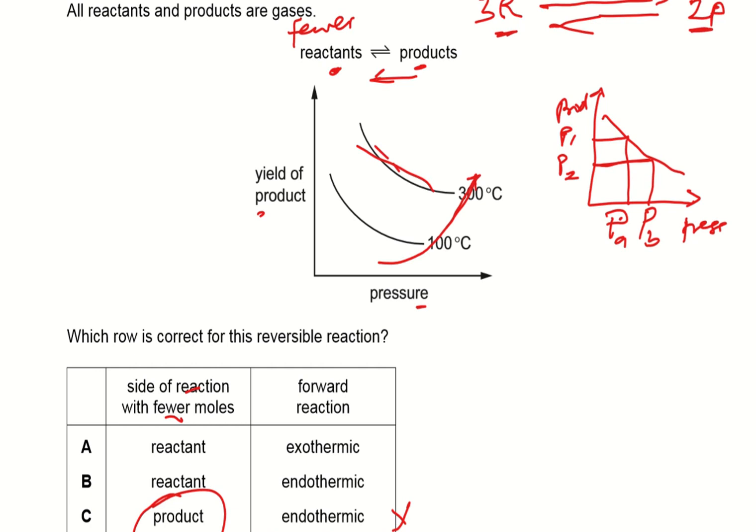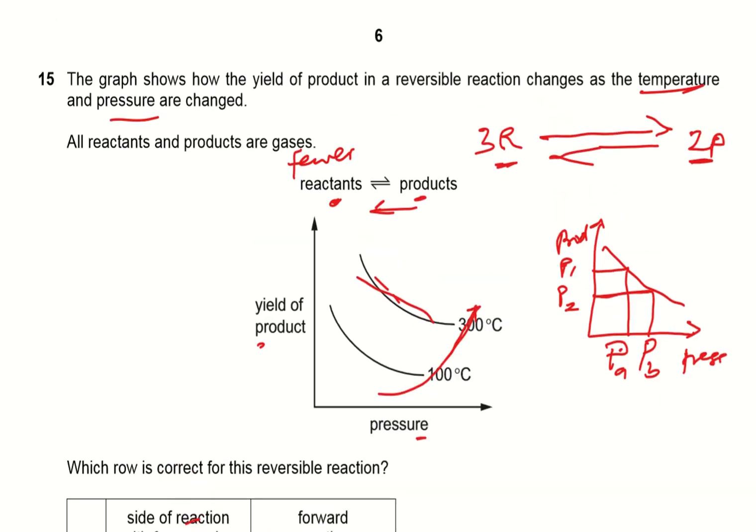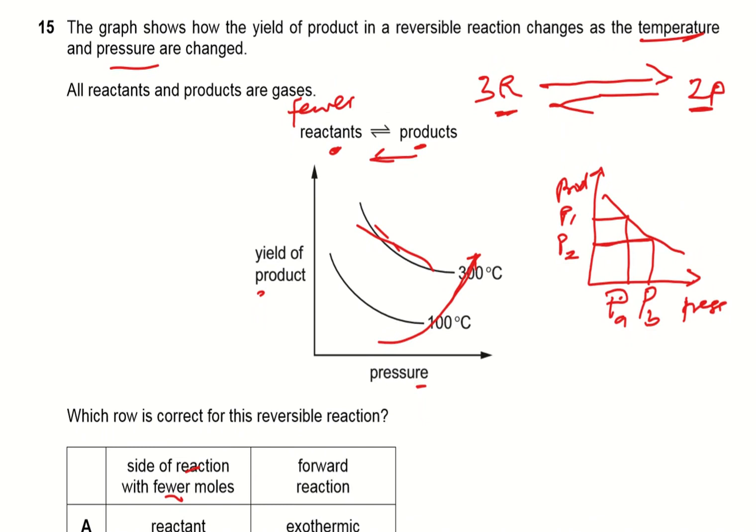Now how does temperature affect a reaction at equilibrium? If the reaction is an exothermic reaction, the forward direction will be favored by reducing temperature.